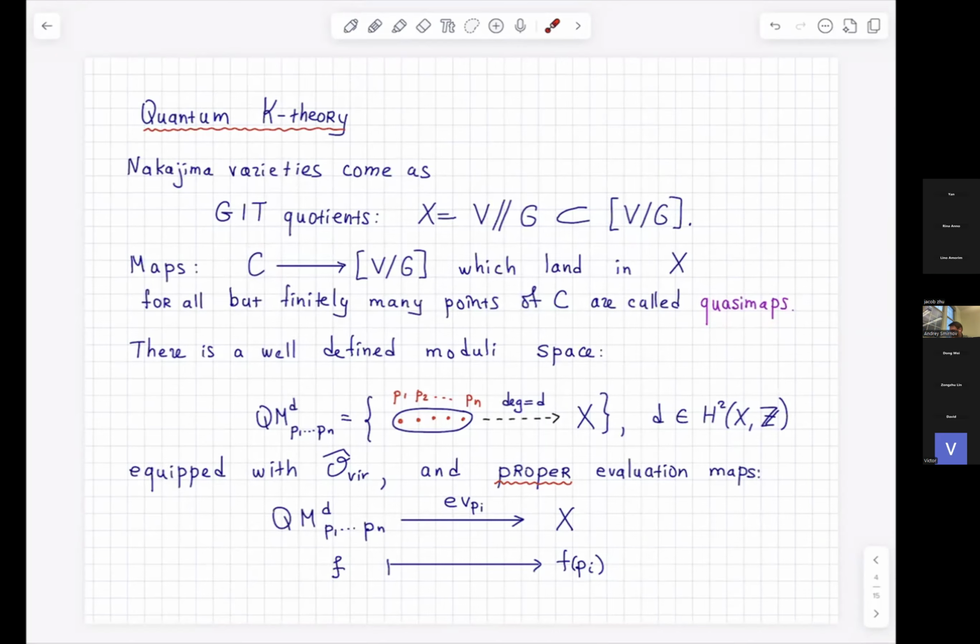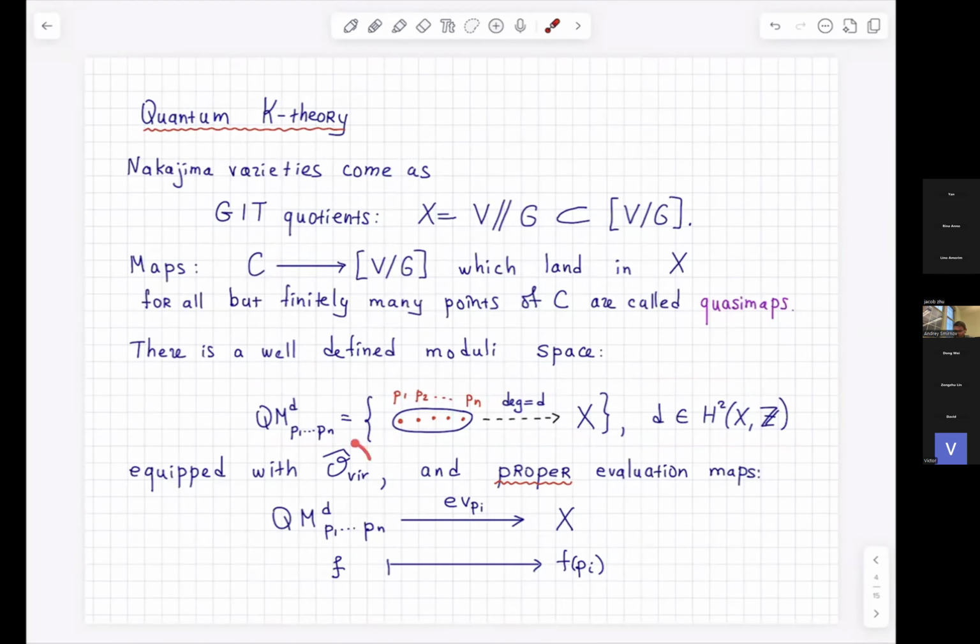It's known that the moduli spaces of quasi-maps are very nice. There exists a moduli space of quasi-maps with some extra boundary conditions, which can be imposed at finitely many points on your curve. Usually these are called relative conditions, and it's a long story to discuss what a relative condition is, but for today it's not that important.